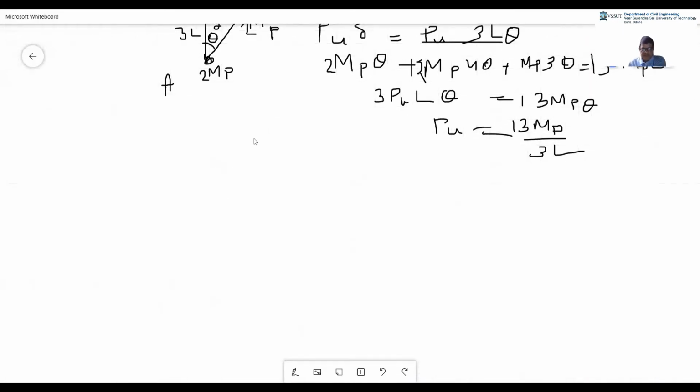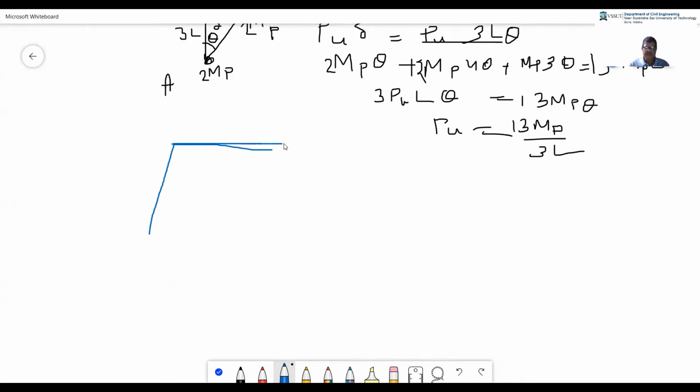Now we'll come to the sway mechanism. The second mechanism will be the sway mechanism. Here there will be MP, here MP, here MP, and here also MP.